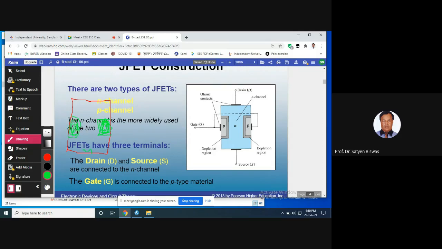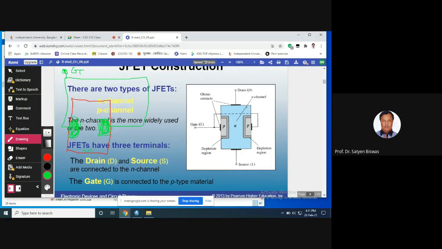Here we added P-type material, let's say boron. Now these two sides are P-type, left side and right side. And now what do we do? We make it short circuit with this one here, and we apply a voltage here. This is the gate.